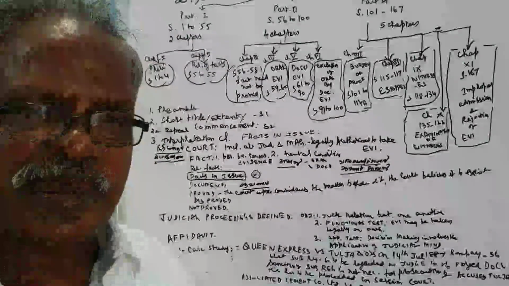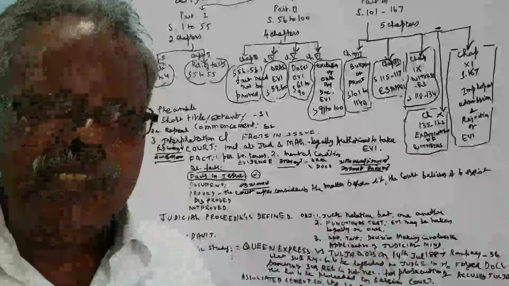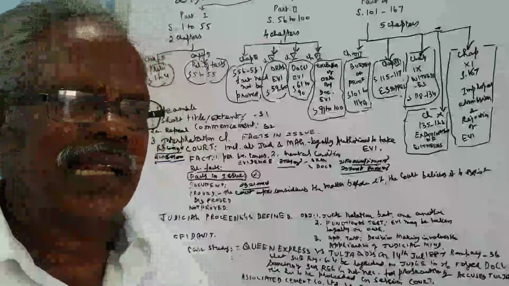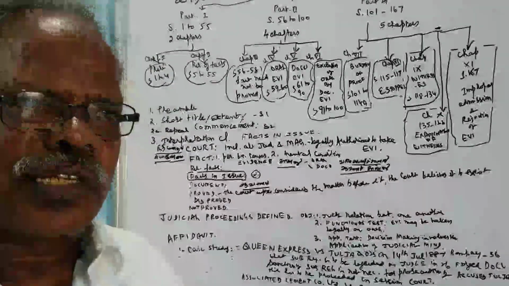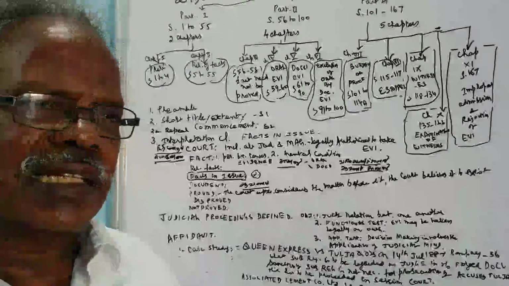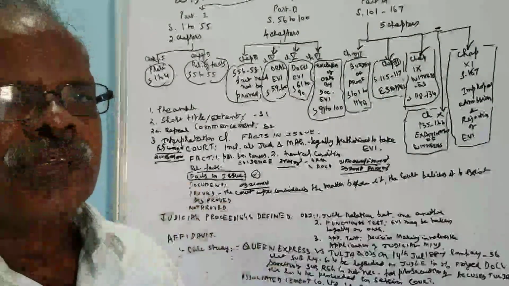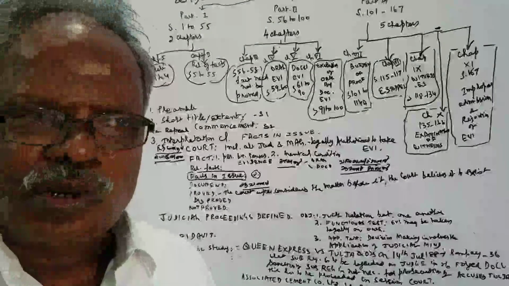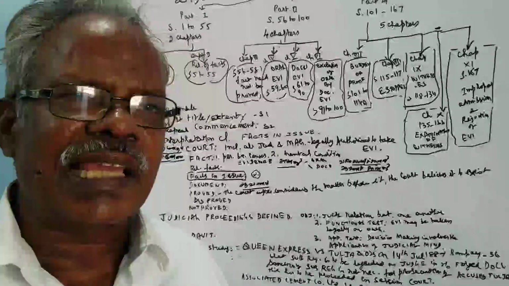So many things come side by side, in serial order. Those things are called procedure law, including FIR, arrest, bail. So many things come in the Criminal Procedure Code. These are all the procedures to be adopted for finalizing a case.